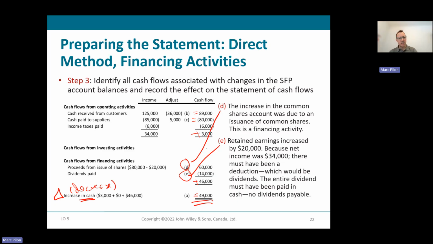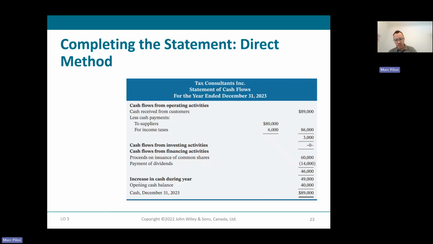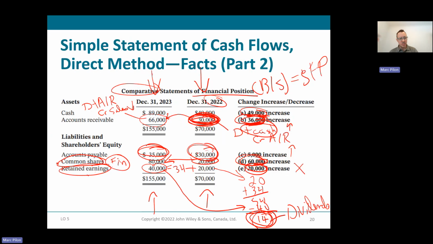Okay, that's our change. And I think here's our change, 49 right here. Our opening balance, so that's plus our opening balance, so 49 plus 40 gives us our ending balance of 89, which I think we saw here. Boom, we just did a very simple cash flow statement.